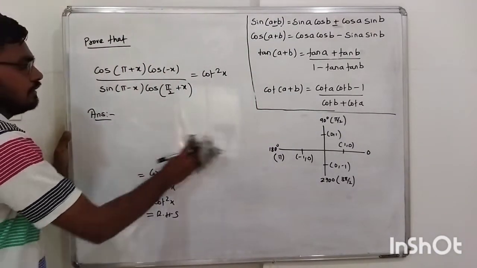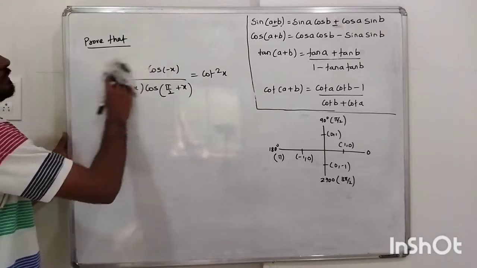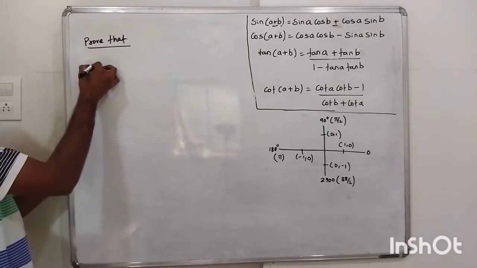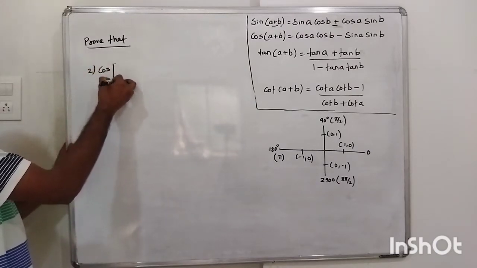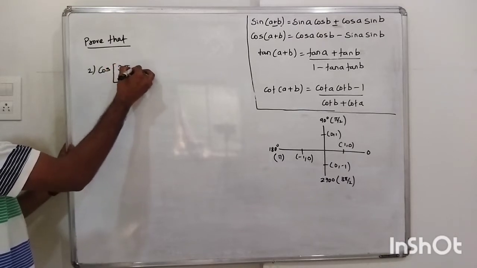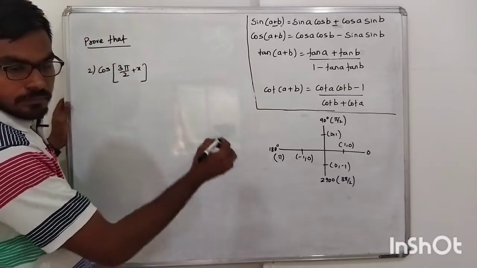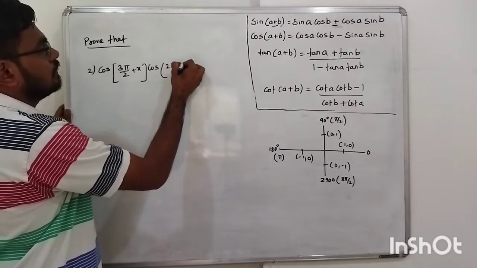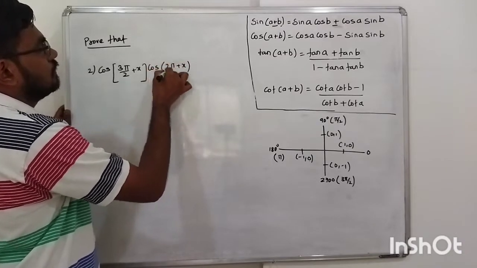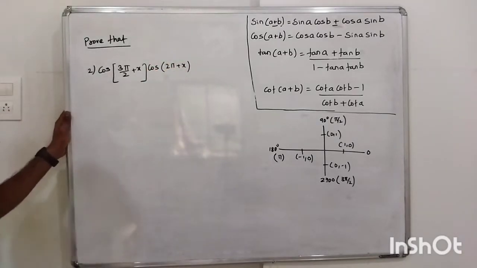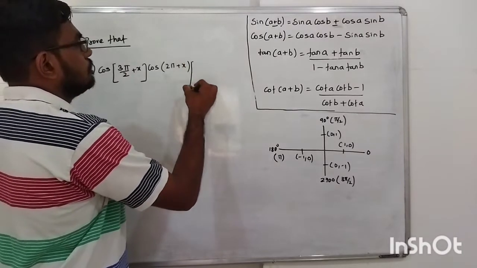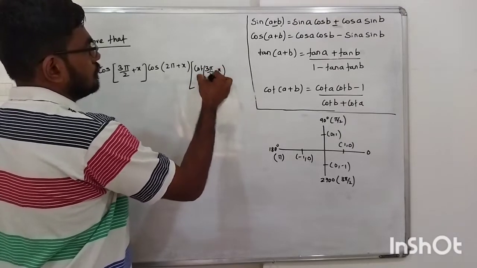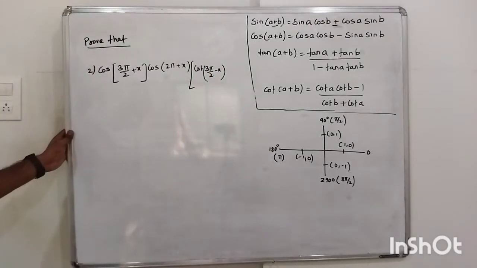Next, one more we have like this. Third second try. Cos 3 pi by 2 plus x into cos 2 pi plus x into cot 3 pi by 2 minus x plus cot of 2 pi plus x.